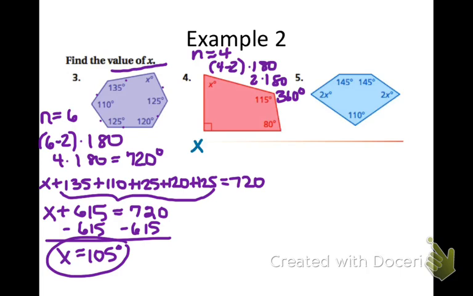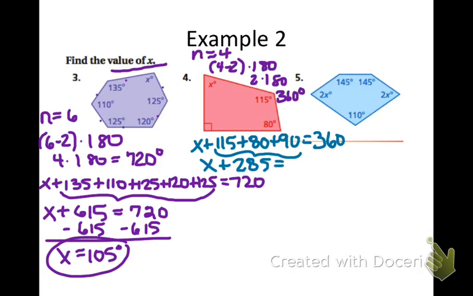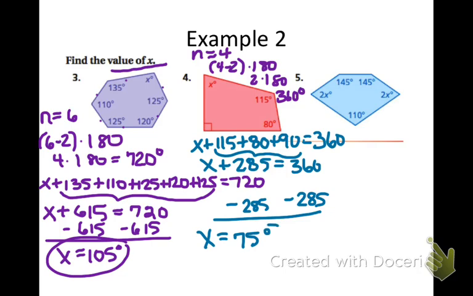We would have x plus 115 plus 80 plus 90 to equal the 360 degrees. Again, combining the like terms, x plus 285 equals 360, and I'll subtract the 285 on both sides to get finally x is equal to 75. And again, it was a measure of one of the angles, so I can put the degree symbol.